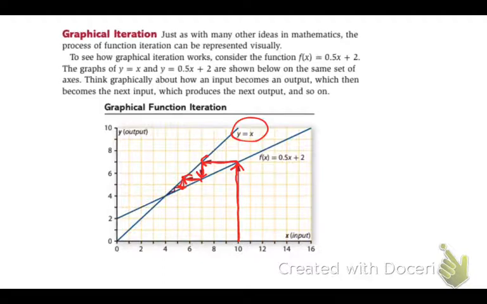So this is a stair-step graph. We'll look at another one that's going to create a different shape in just a second. But we have a stair-step or a staircase function iteration for that line.